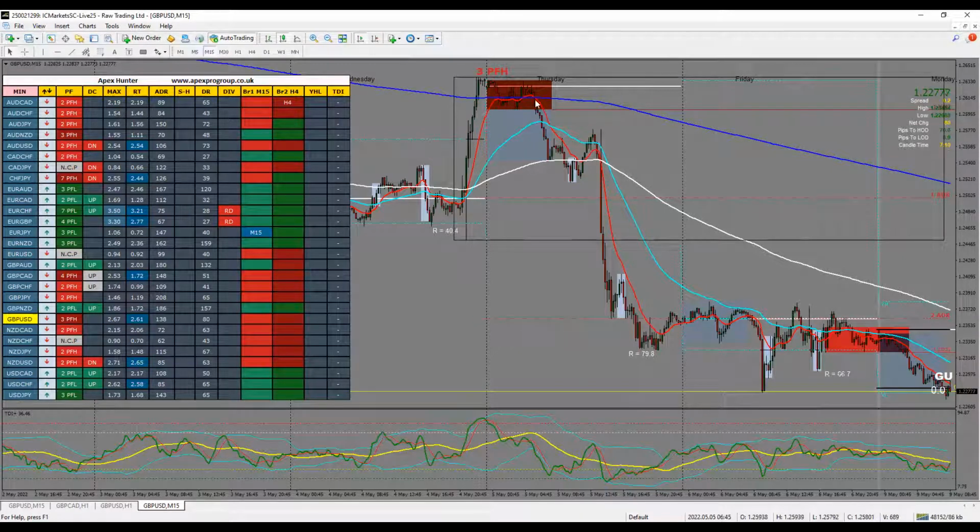a big, this is all one big H4 candle, you see, this blocked out section. So price came down, and this represents the last big H4 candle, which is also to the downside.